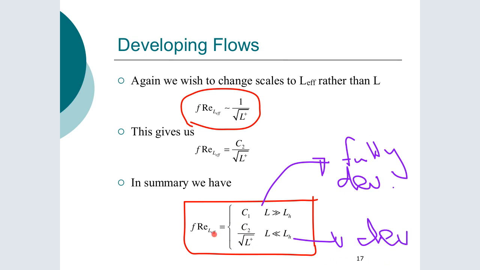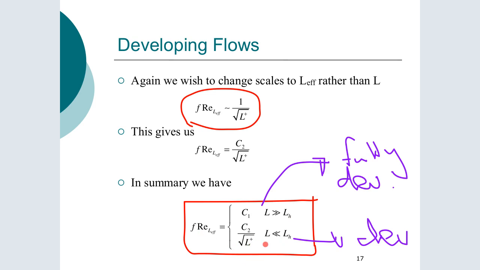So we have two terms: the Poisson number based on the effective length scale, which in our case is going to be the square root of the cross-sectional area, is a constant in long channels where we're much longer than the entrance length. So L_H here is the entrance length.